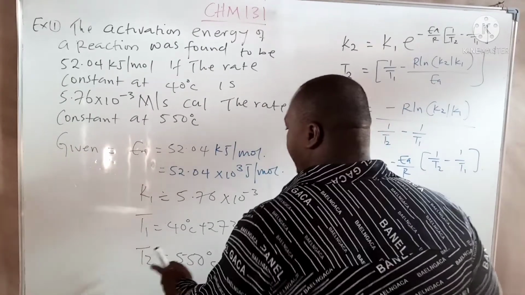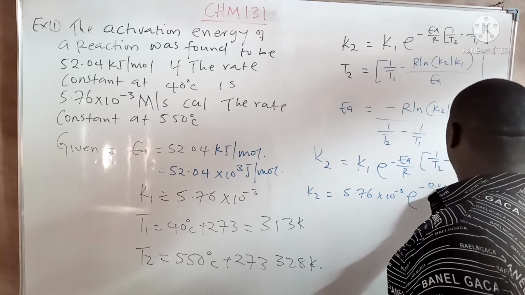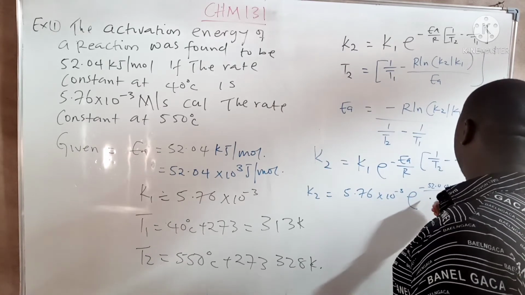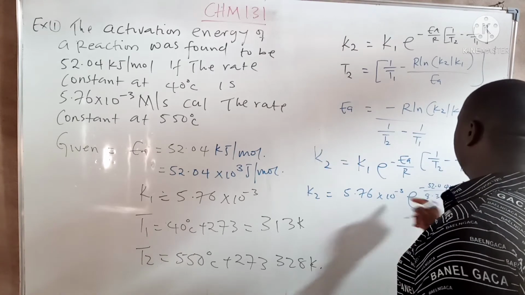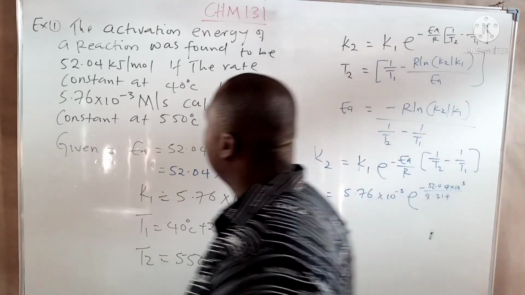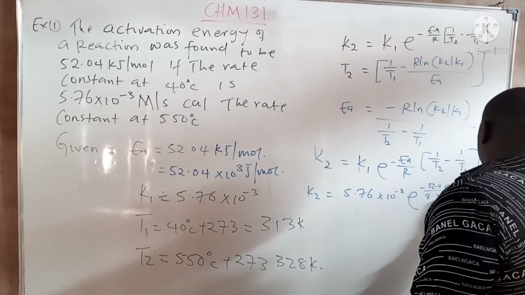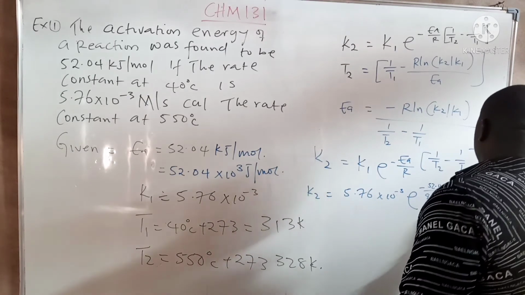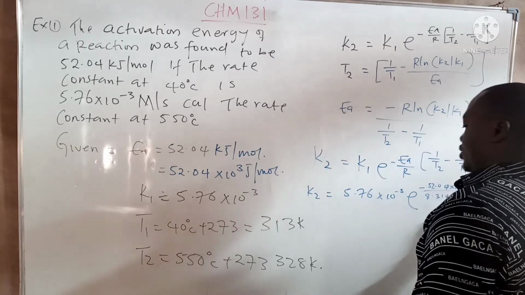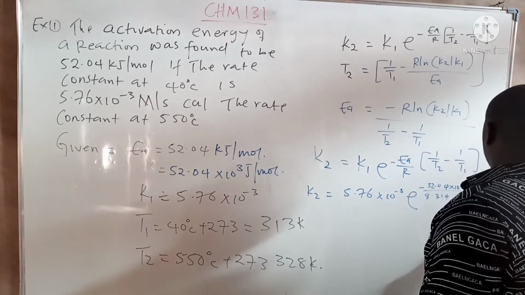E, your activation energy given, is 52.04 times 10 raised to the power of 3, all over 8.314. This is the universal constant. Then, of course, open bracket 1 all over 328 minus 1 all over 313.